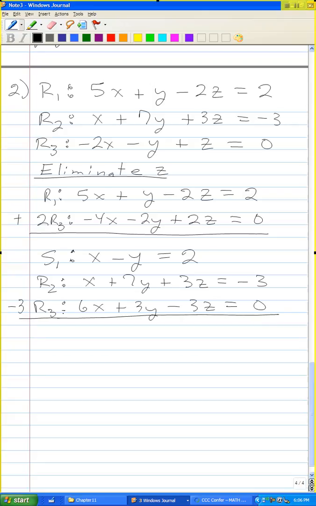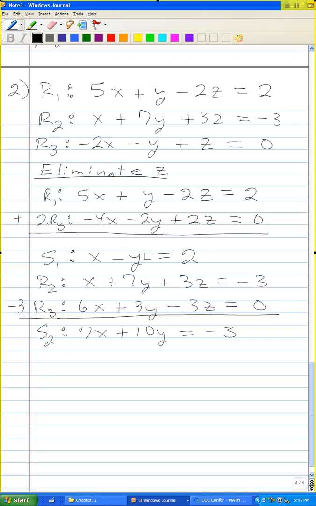Add the second equation plus 3 times the third equation. And so if I add these, well, the x plus 6x is 7x. The 7y plus 3y is 10y. The 3z's cancel, equals negative 3. So I get this second equation.